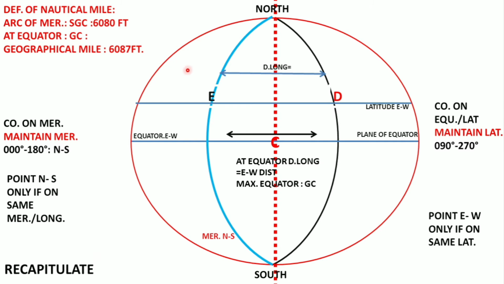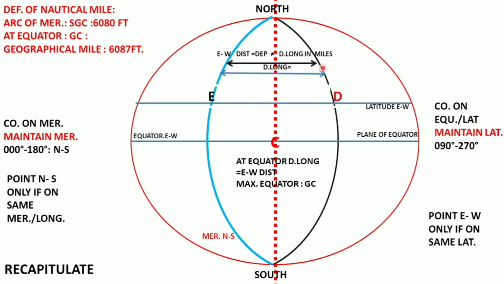Though at the equator, the angle it forms is called the geographical mile, which is about 7 feet less than the nautical mile. That 7 feet is insignificant here. So we can always convert the d long between 2 points on the equator into distance.